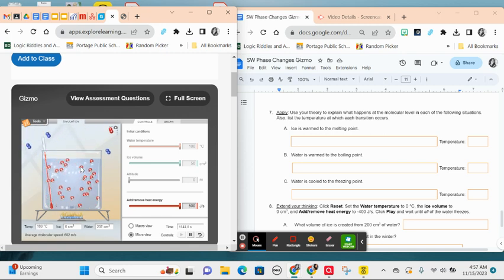We see molecules breaking free and becoming gas. We can see that they are rising up into the air, moving much faster, boiling. Oh, there they go. Yep, becoming gas. So now they're starting to break free and become gas at 100 degrees Celsius.